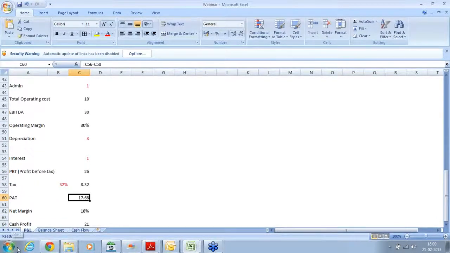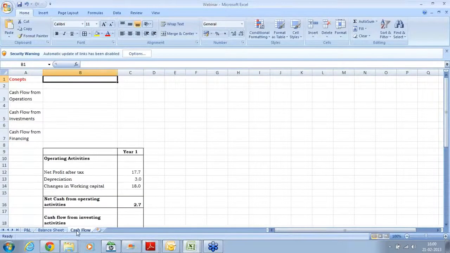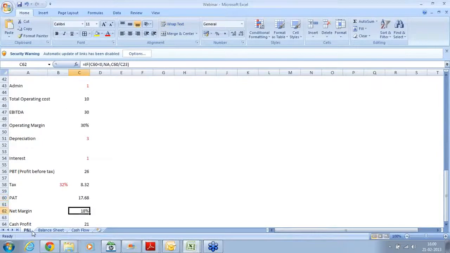Now let us go to the cash flow. Here he has got 17.7. Great profits. Let me once again see the margins. The net margin is 18%.